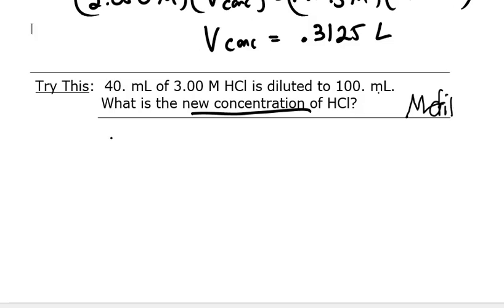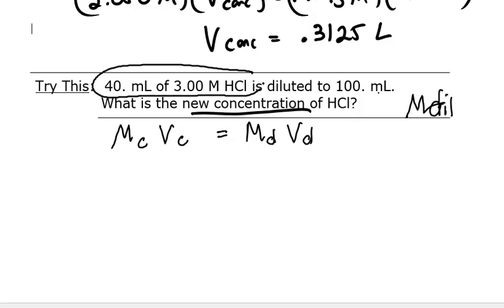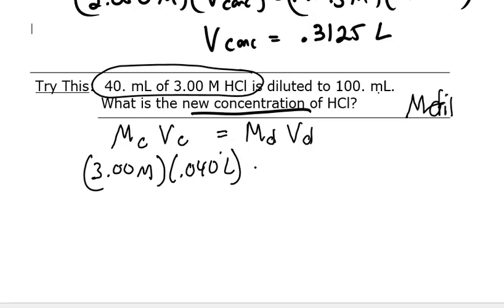All right, so we'll do our molarity concentrated times volume concentrated equals molarity dilute times the volume of the dilute. What we don't know is the molarity of the dilute, but we do know the concentrated solution. That's this one. So the molarity is 3. The volume is 40 milliliters, which is 0.04 liters.